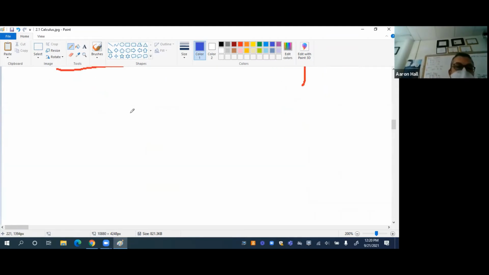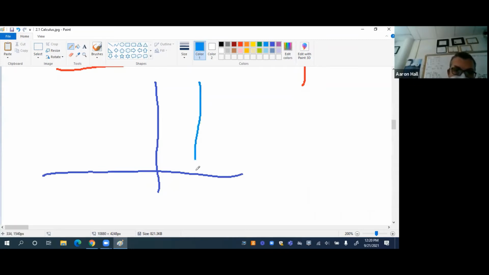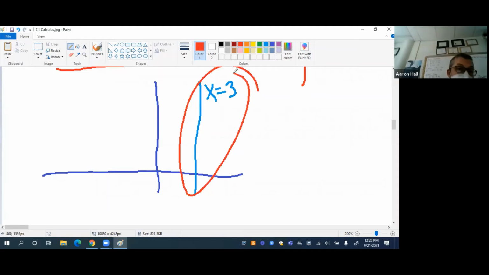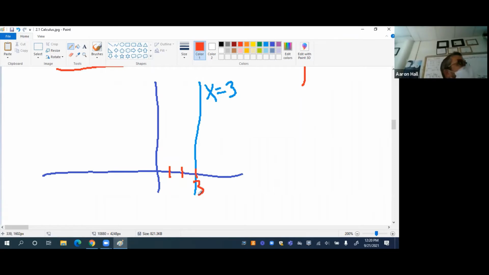So if I have something like this, and I want to find the limit as x approaches 3 of this function, well, when I come over here, 1, 2, 3, there's infinite answers.